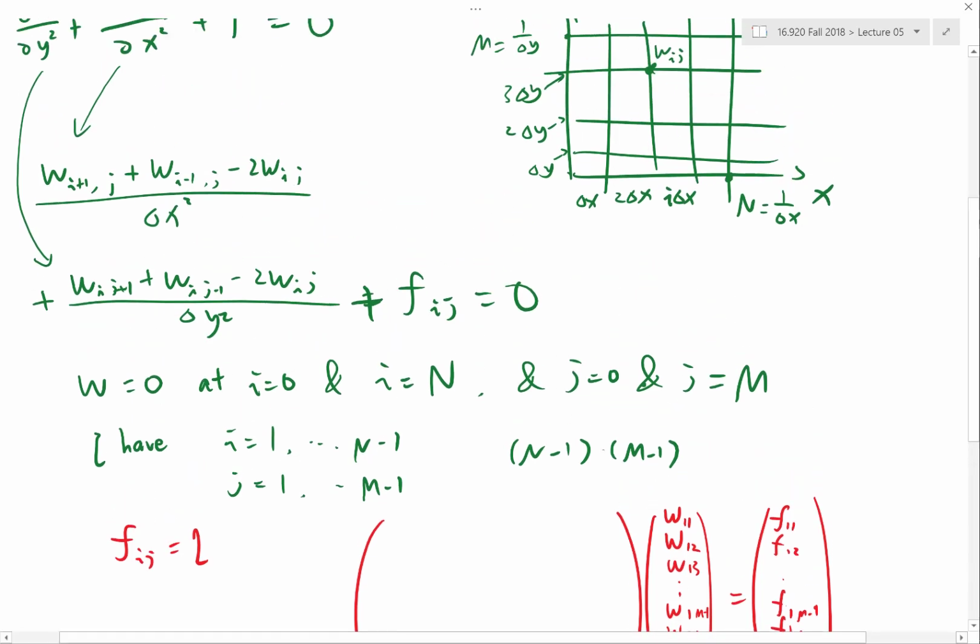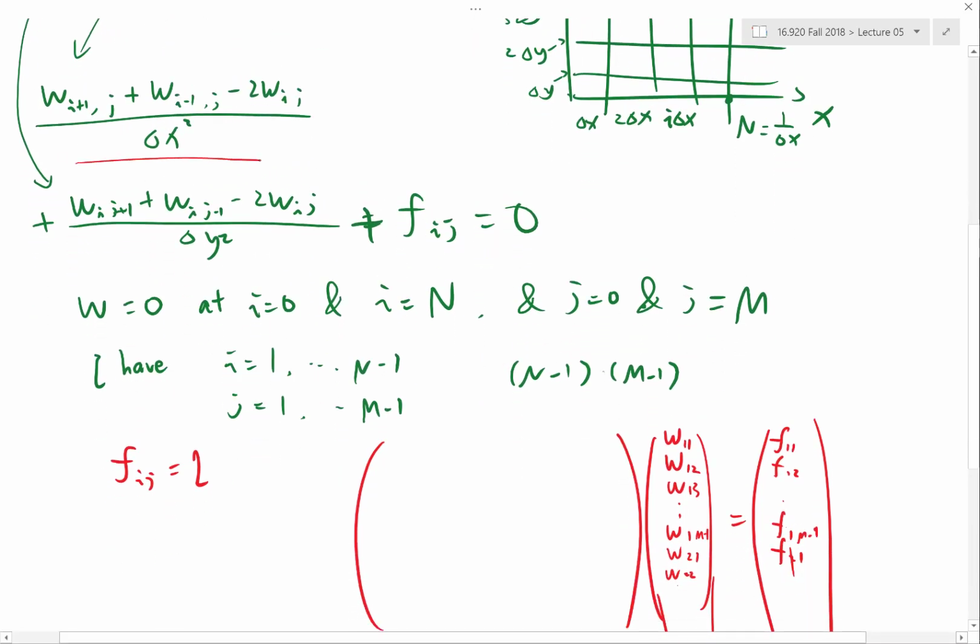Well, to construct the matrix, you look at each of these equations and figure out where the non-zeros are and what the values are. For example, W11 should be multiplied by what to get the corresponding term? Let's make it plus this equal to 0, so that it's a little easier to plug in terms.